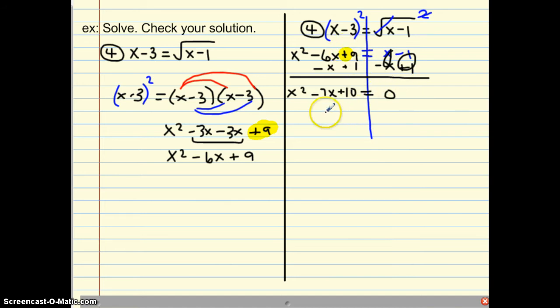All right. From here, we need factors of 10 that add to negative 7. And for that, we're going to use negative 2 times negative 5 is 10, and negative 2 plus negative 5 is negative 7.